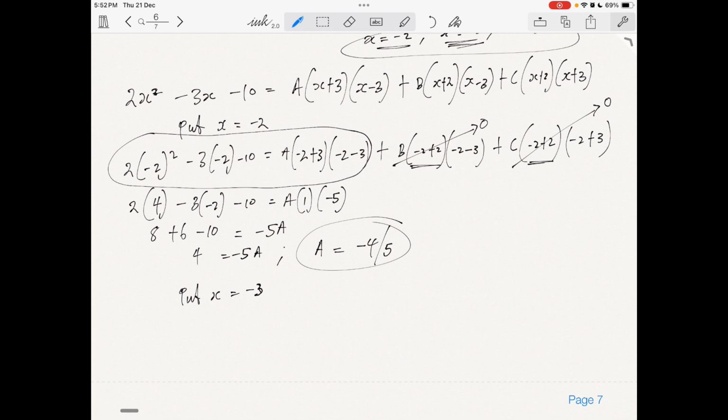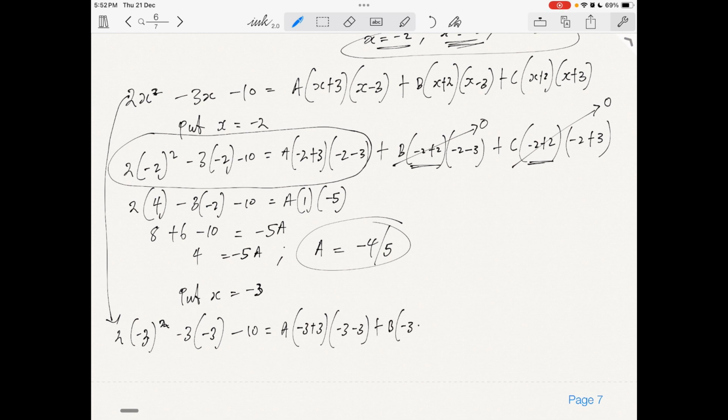We are still using this equation: 2 into minus 3 whole squared, minus 3 into minus 3, minus 10 is equal to a into minus 3 plus 3 and minus 3 minus 3, plus b into minus 3 plus 2 into minus 3 minus 3, plus c into minus 3 plus 2 and minus 3 plus 3.